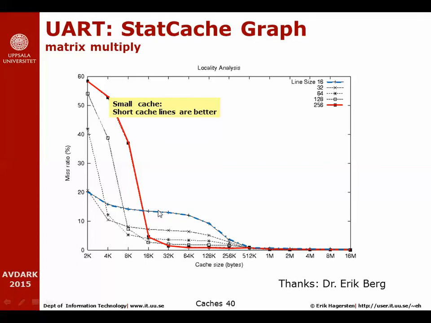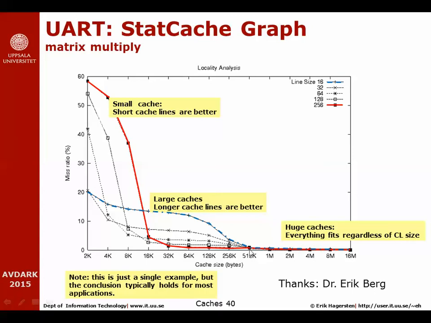Then when you come to larger caches, it turns out that larger cache lines are better. Why is that? Well, because you can exploit enough temporal locality, and now we can also exploit the spatial locality of the application. And of course, when the cache gets sufficiently large, everything fits in the cache regardless of the cache line size, so then it really doesn't matter.